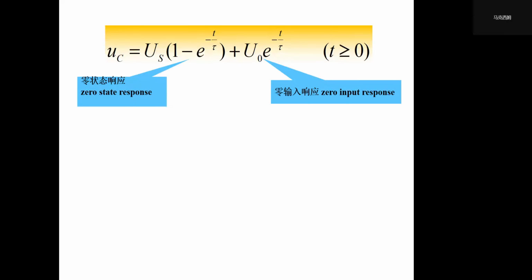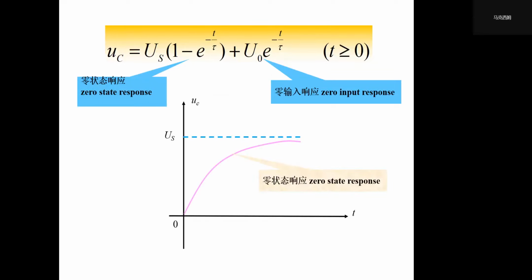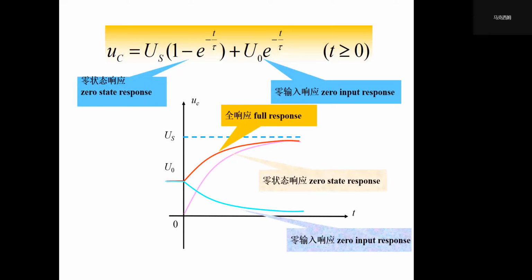And still we can see these two parts, zero state and zero input. We put them in the diagram to see that this is the zero state response, and this is the zero input response, and we combine them together. Still, we have this full response, the total response.